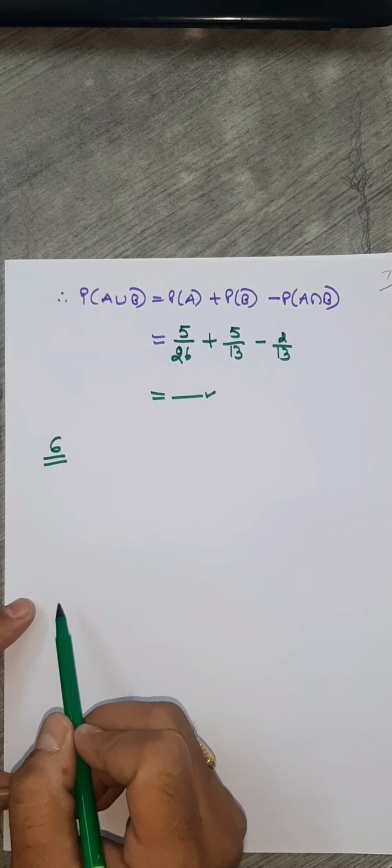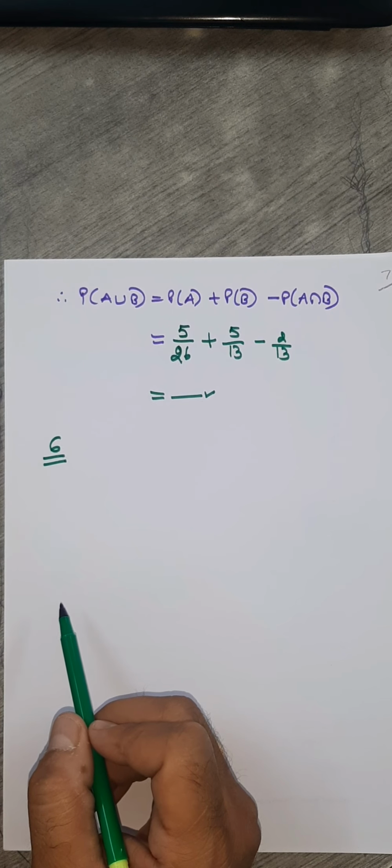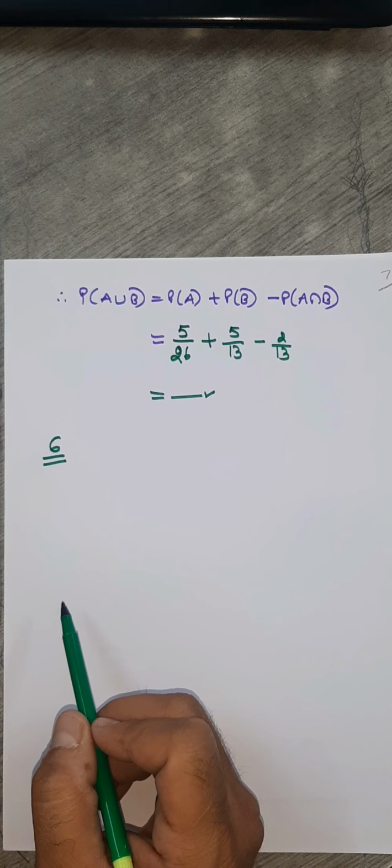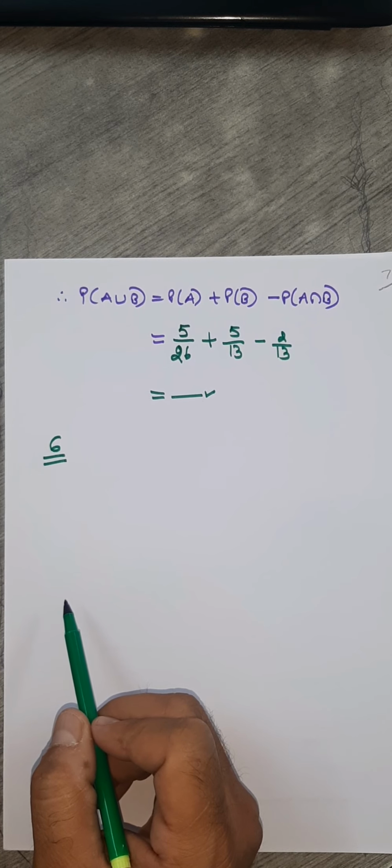Question number 6. You are given some events. A coin is tossed 3 times. That's the sample space.